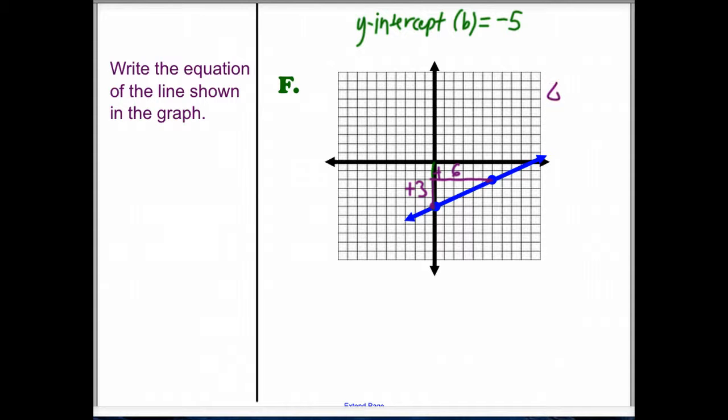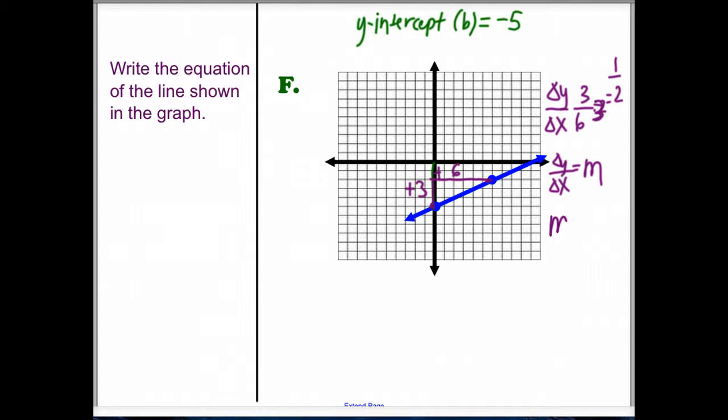So what we have is the change in y over the change in x. The change in y is 3, and the change in x is 6. We can simplify that by dividing by 3, which gives 1/2. So the change in y over the change in x is actually our slope, which is m.